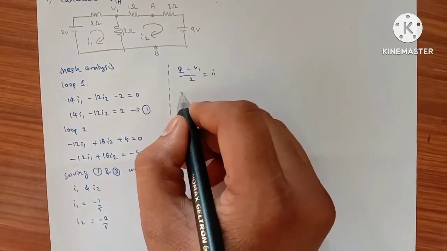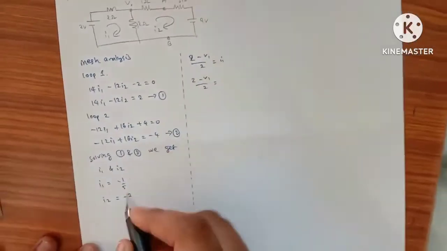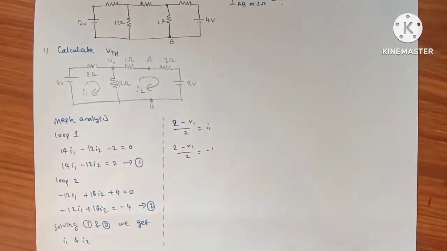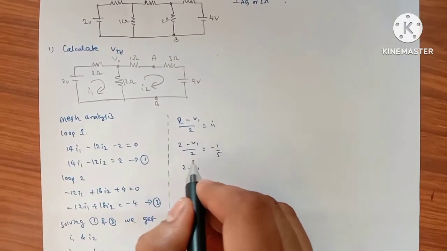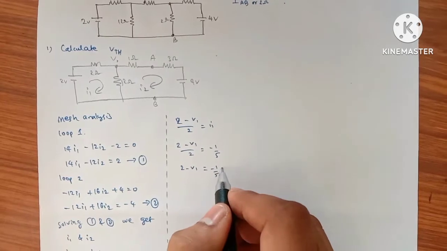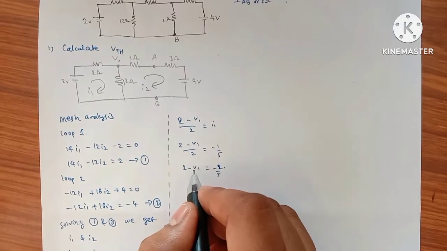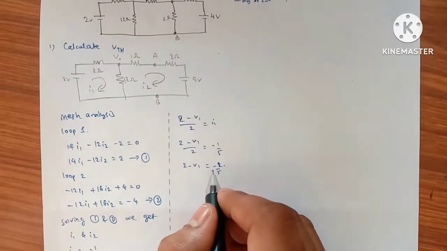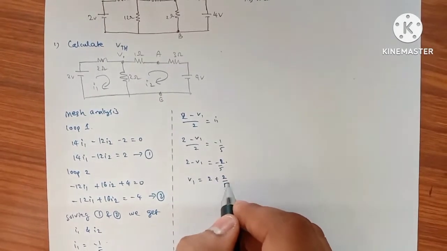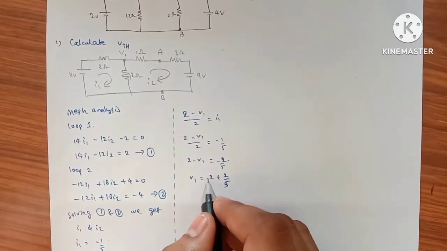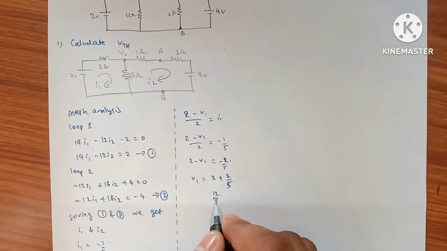So 2 minus V1 by 2 equals I1, which is minus 1 by 5. So 2 minus V1 equals minus 1 by 5 into 2. Taking minus 1 to this side and minus 2 by 5 to this side, we get V1 equals 2 plus 2 by 5, which is 12 by 5.